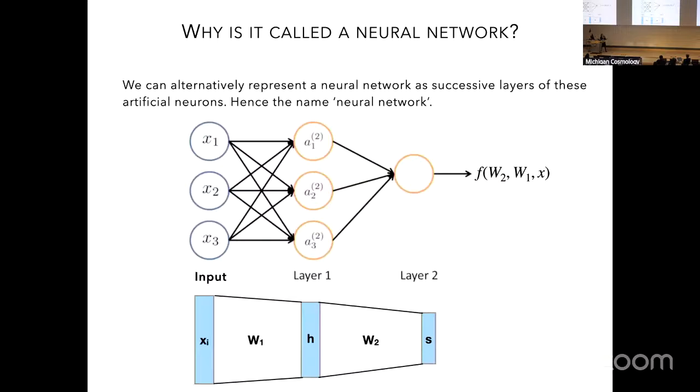If I have another layer, I can keep on going like this, with another set of weights. It's called a neural network because it's a network of neurons in this representation. Make sense? That's where the name comes from, by analogy with biological neurons.